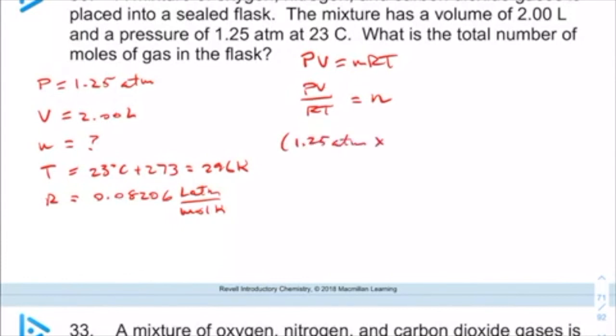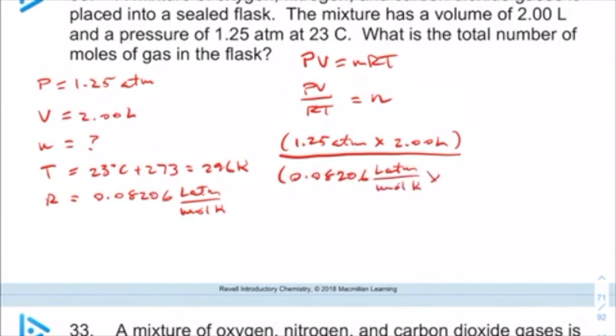So 1.25 atmospheres times 2 liters divided by 0.08206 liters atmospheres over moles Kelvin times 296 K will equal 0.103 moles.